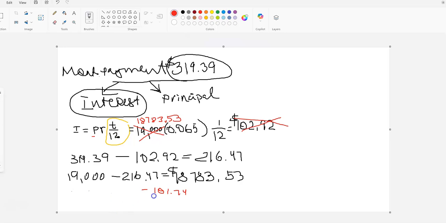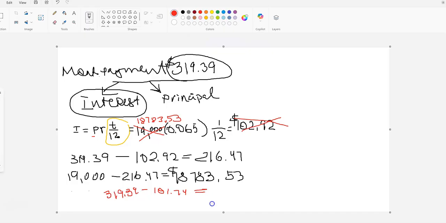What will be the principal payment? Part of the payment from $319.39 will be going to pay for the interest. So the rest is what we pay for the principal payment.